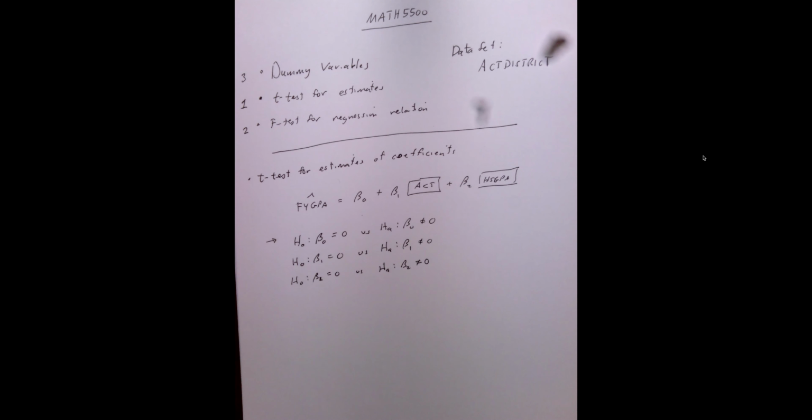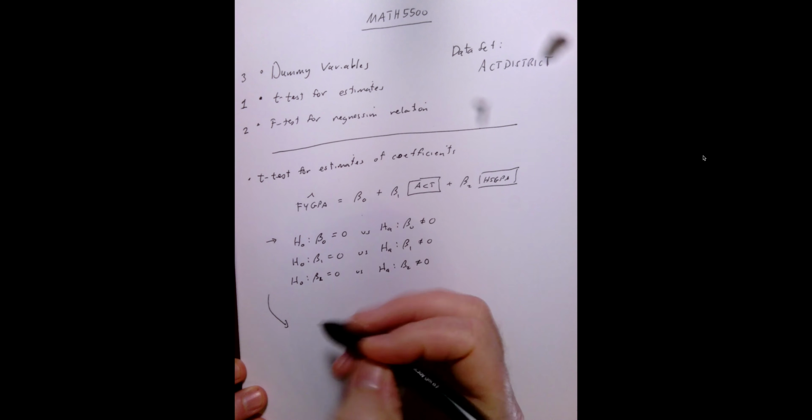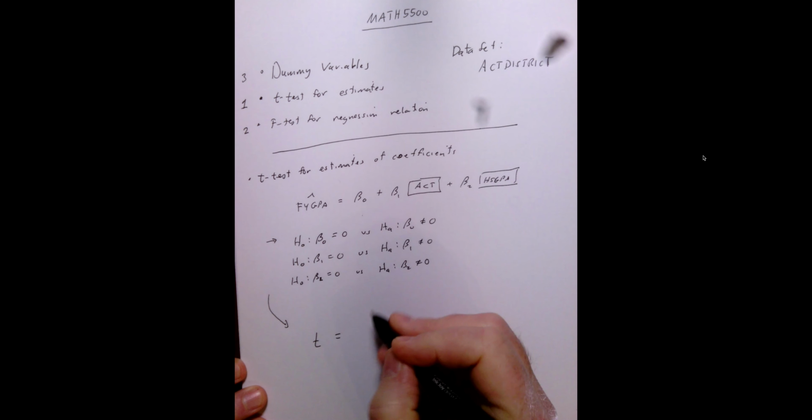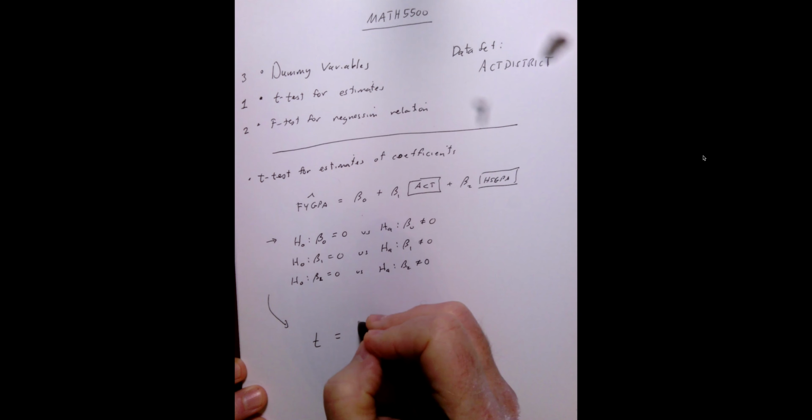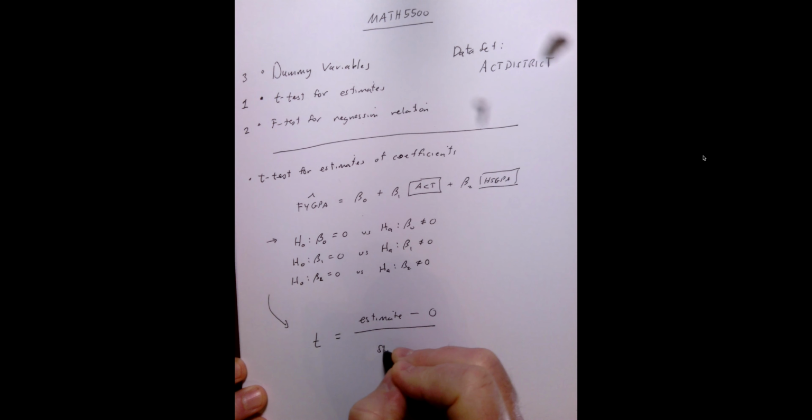So the t-test for the estimates of the regression coefficients conducts 3 separate t-tests. And we see them on the line. We see the estimate, then the standard error, then the test statistic, and then the p-value. All of this is created from its own test statistic, which will be the estimate minus the hypothesized value over the standard error for the estimate.